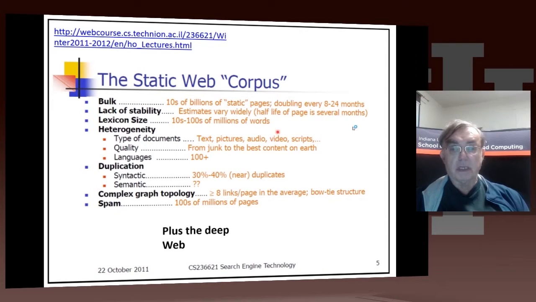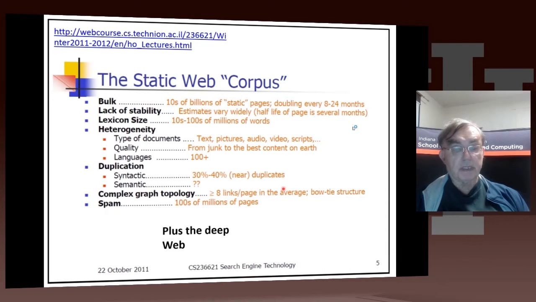Each of those pages consists of a set of words, and the estimate here is 10 to 100 million words. You have all sorts of information, text, pictures, audio, video, JavaScript, and what have you. And the quality, of course, varies from truly wonderful, such as some of the best Wikipedia articles, to really total nonsense. And all this stuff is done in many languages.